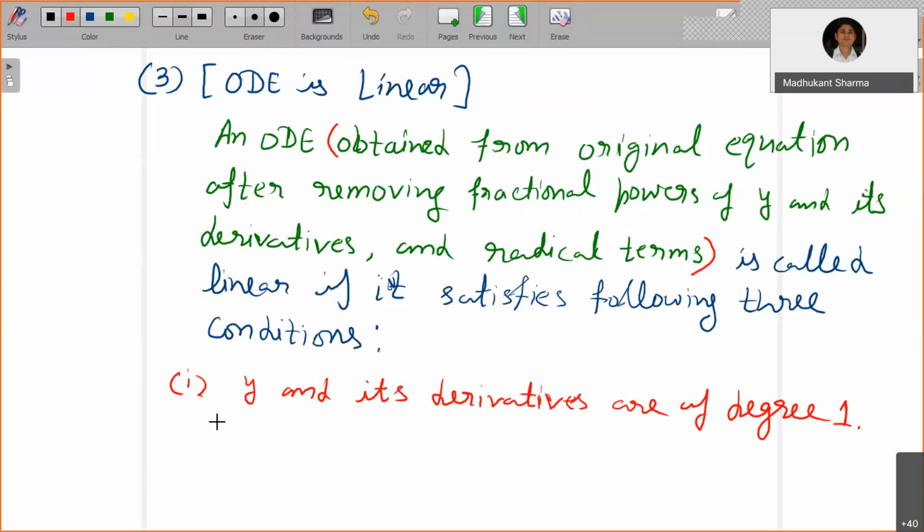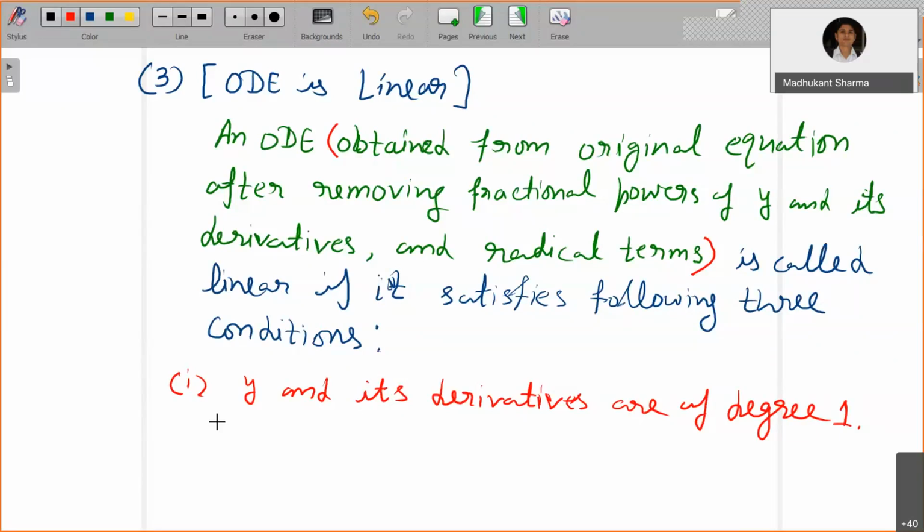Wherever you see y and its derivatives, you have to see their indexes, and they are of degree 1. Neither should it be 2 or 3 or 4 and so on. There should not be y square, there should not be y dash whole square, or y double dash whole cube, and so on.